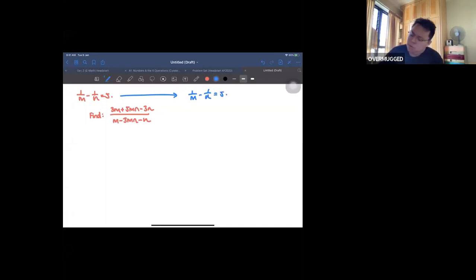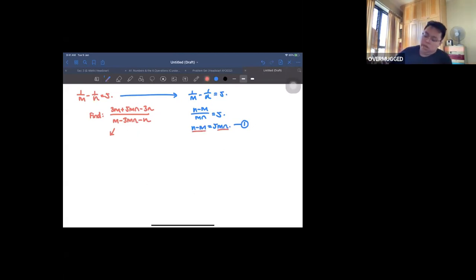Maybe I can group it into a single fraction: n minus m over mn equals 5. I'm reaching somewhere. Maybe n minus m equals 5mn. Let's call this equation 1. Now I see an mn and an n minus m.